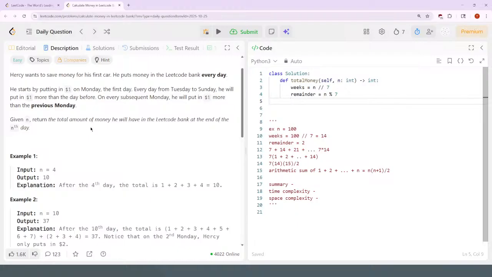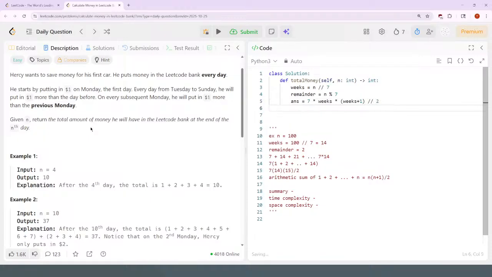And then the answer should equal 7 times the number of weeks times the number of weeks plus 1, over 2.